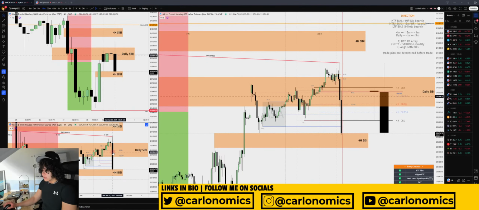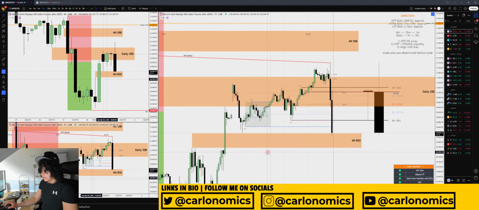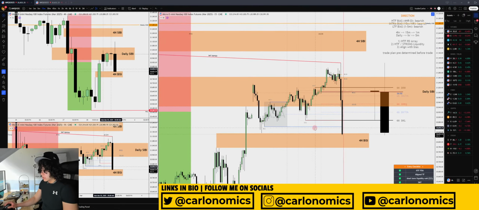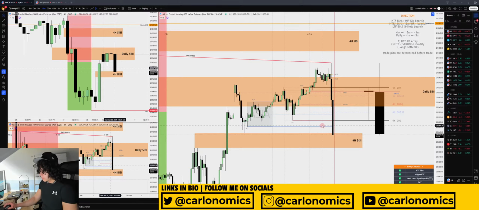So what is price going to do? It's just going to slash through all price action and rebalance our 4-hour fair value gap. So yeah, LR is pretty much just like when price just slashes through and takes out everything. So you're going to expect these type of displacement candles on the 15.